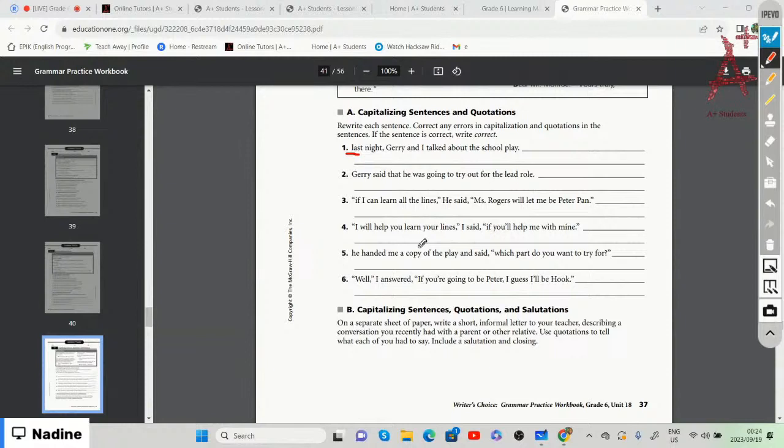a sentence. Gary said that he was going to try out for the lead role.